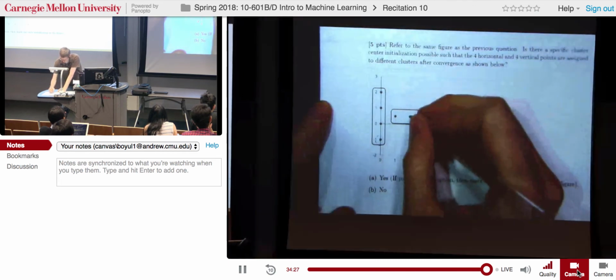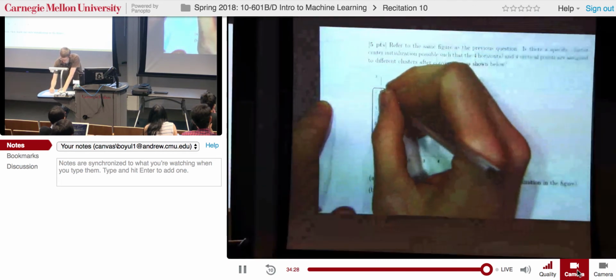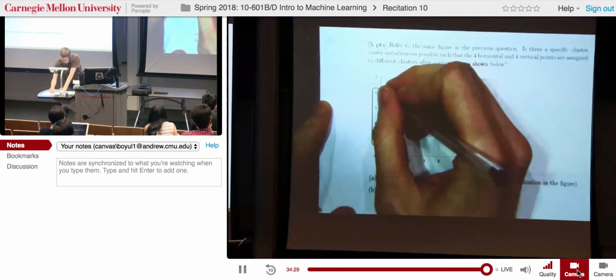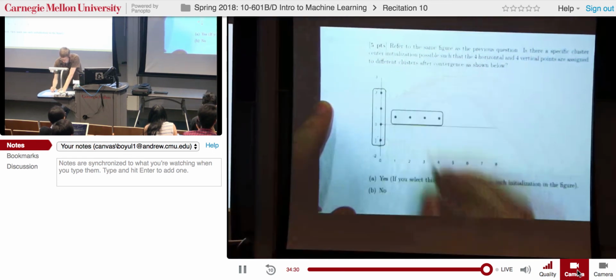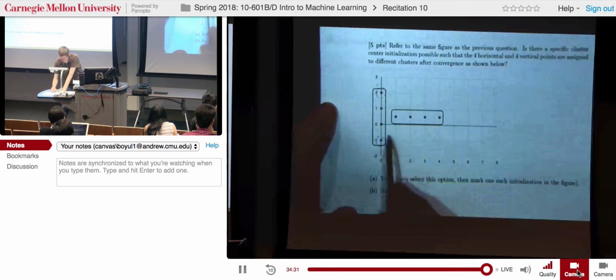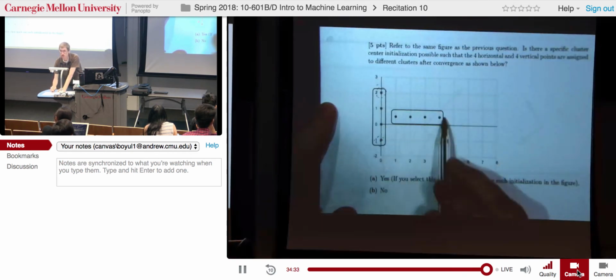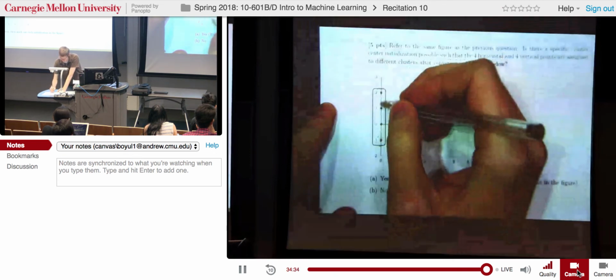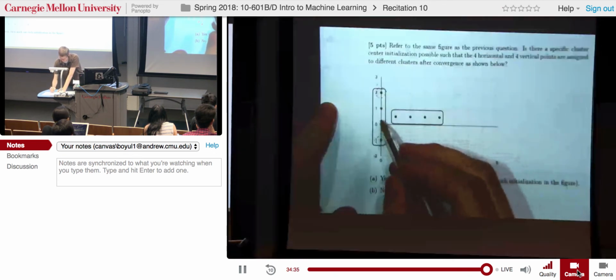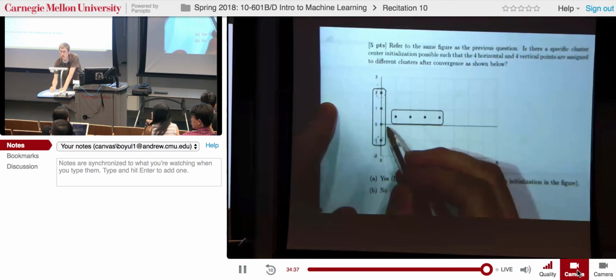And it turns out that the answer hasn't changed. The same points belong to the same cluster centers. And if we were to recompute the cluster centers from those points, we'd get the same answer. So we know that we've converged. So this is the converged answer.